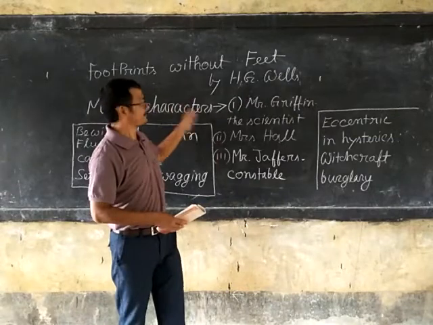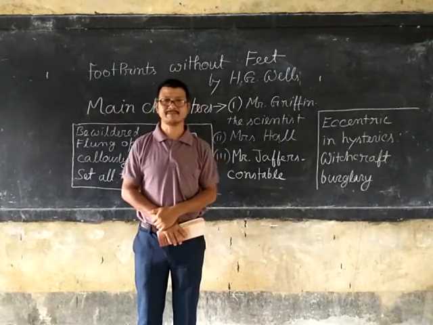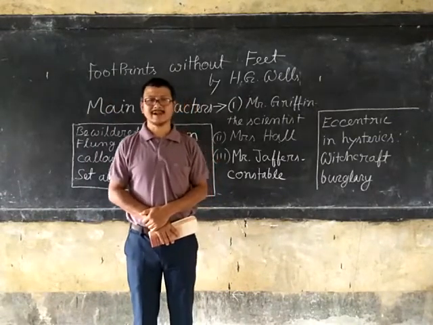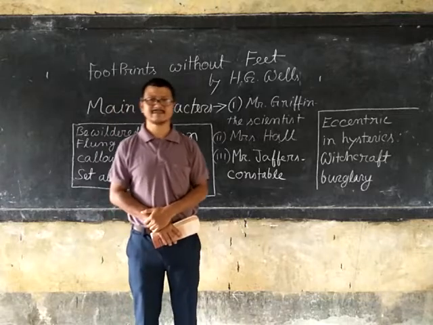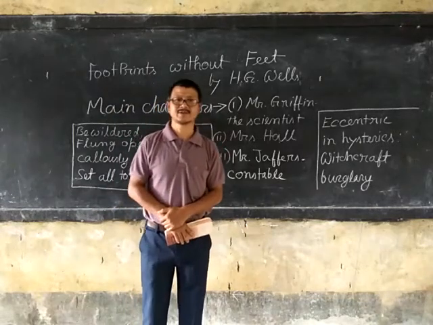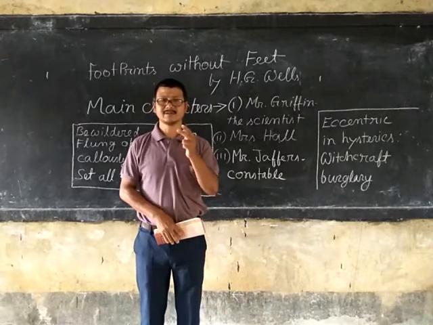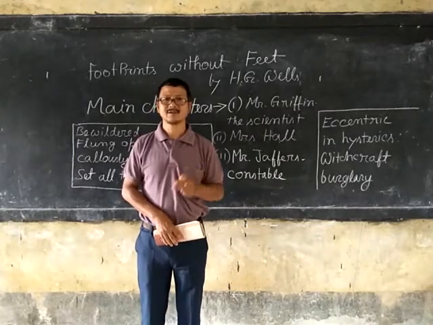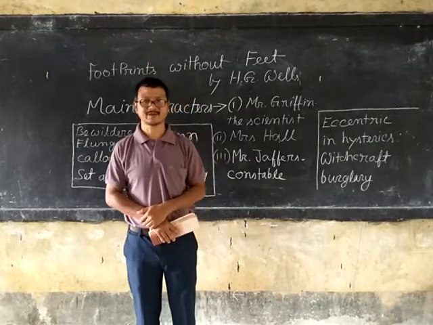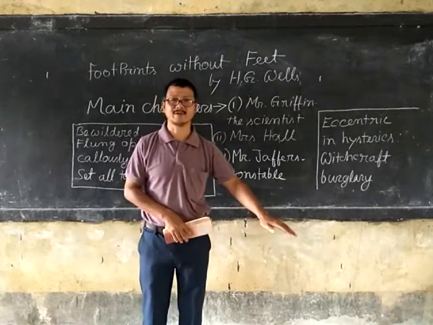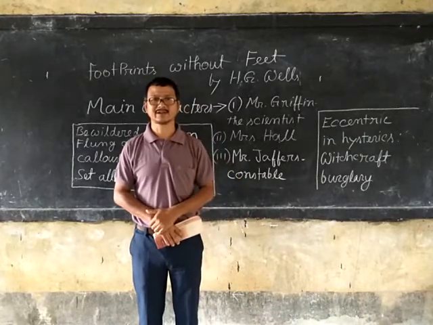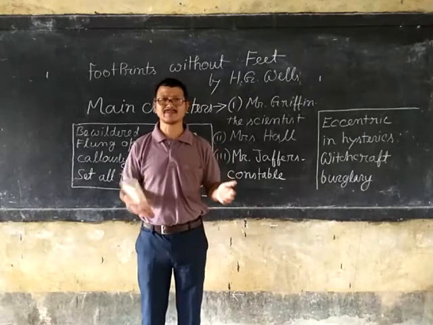The first part of the story begins with two boys. The two boys in London were very much confused to see suddenly the impression of human feet on a muddy street. Okay, so they were confused because why?